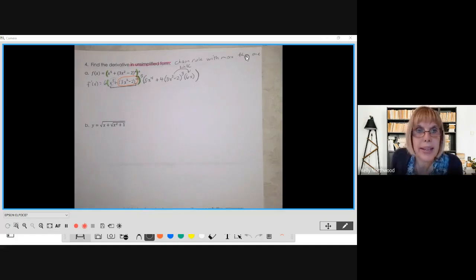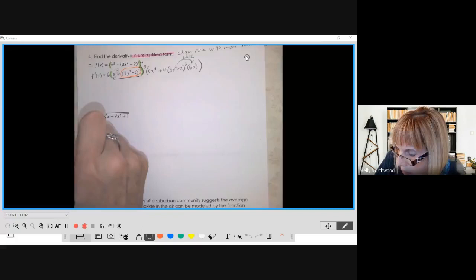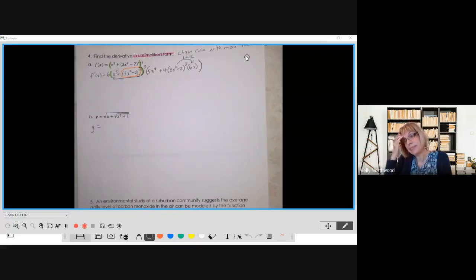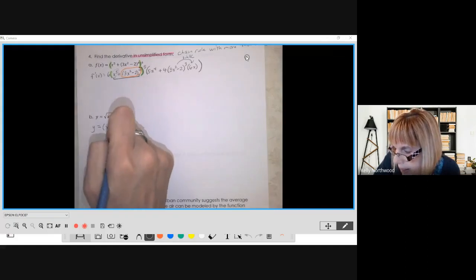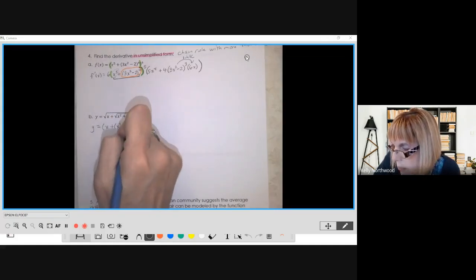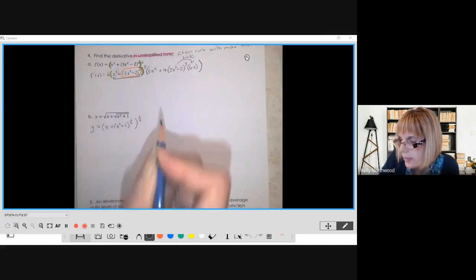If you look at B here, any idea how we would write it before we start deriving it? You put them in brackets and put them to the 1/2 power. Okay, so bracket x plus bracket x squared plus 1 bracket to the half, bracket to the half.